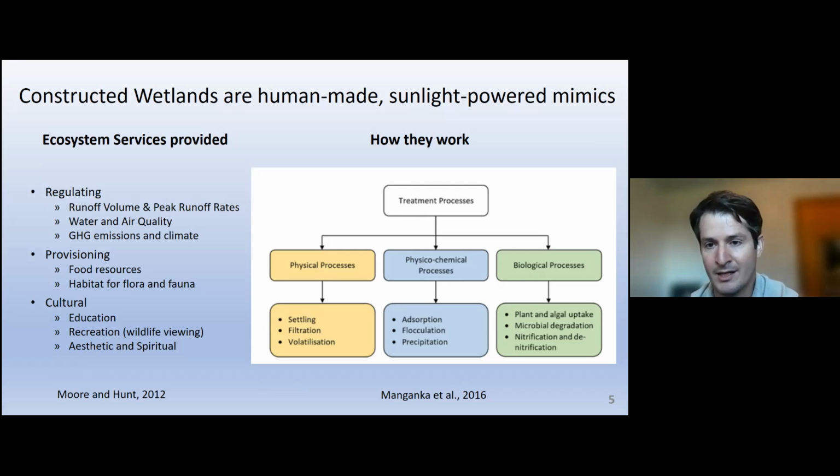And how they work, I won't list these processes off, but there's a range of them, starting with biological or animals degrading solids in the water column, or plant uptake of nutrients, back to simple, straightforward processes like settling just in the water column of solids coming out. So a lot of things going on that are interrelated.